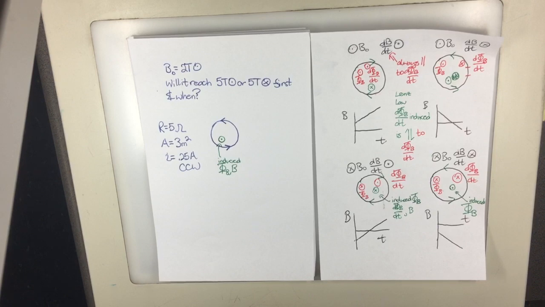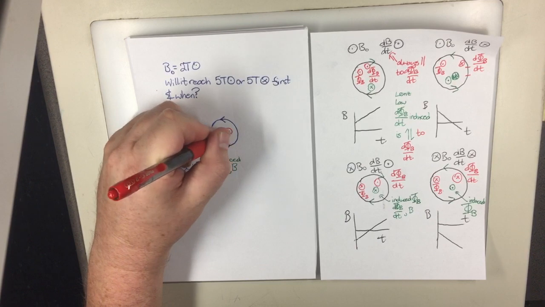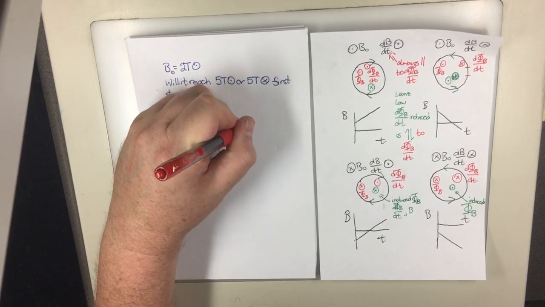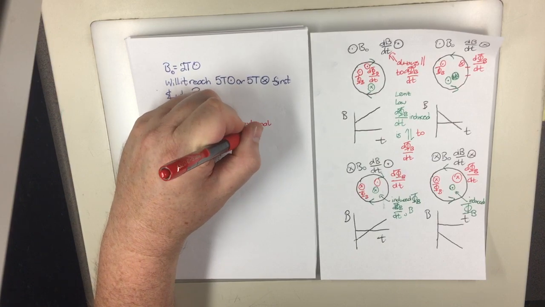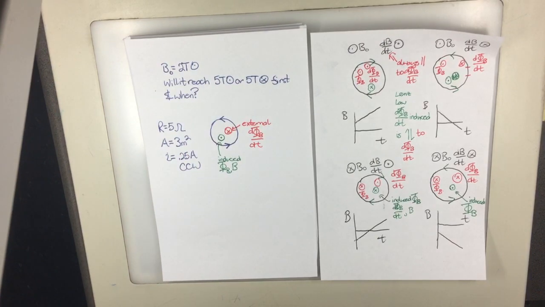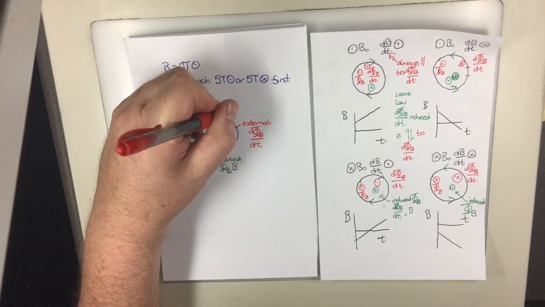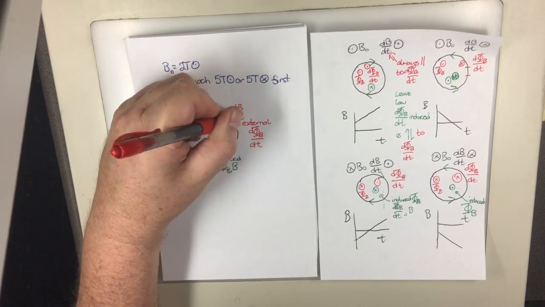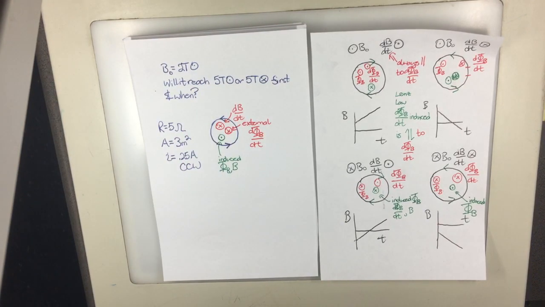If the induced flux has to be out, the external change in flux has to be in. If the external change in magnetic flux has to be in, the external change in B field with respect to time must be in as well.